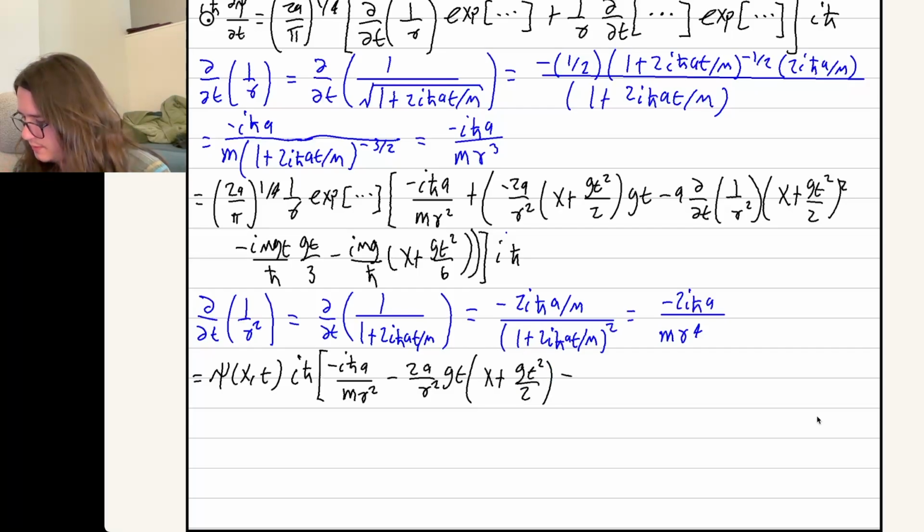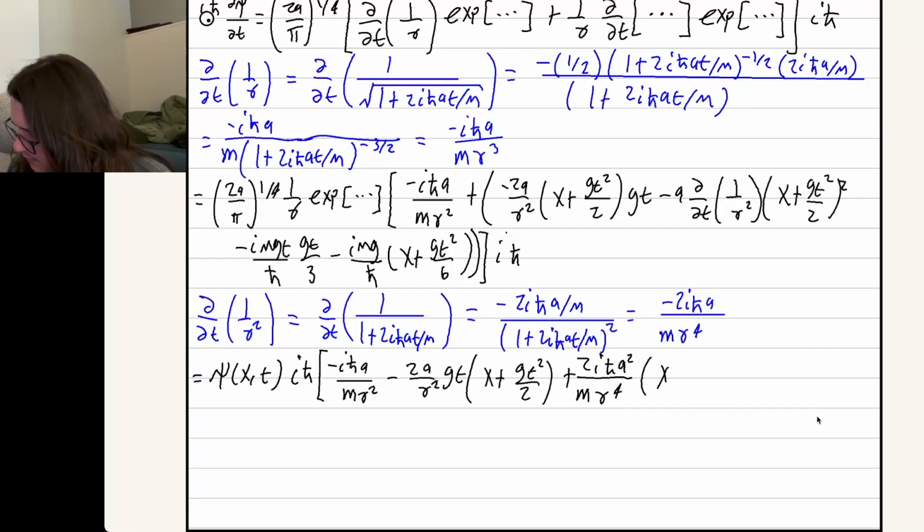minus, and then we put in this result, so it's actually plus 2i h bar a squared over m gamma to the fourth times x plus g t squared over 2 all squared.